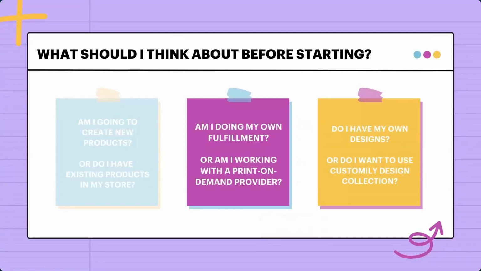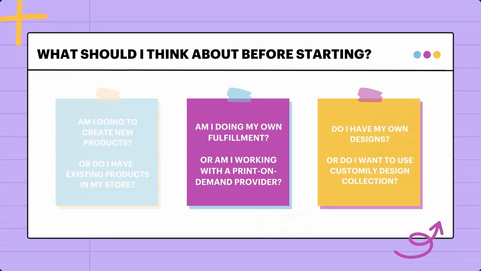Now, if you will be creating new products, more questions will pop up. Am I doing my own fulfillment? For example, with my own workshop or a local company? Or am I fulfilling with a known print-on-demand supplier? And then, do I have my own designs that will be personalized?